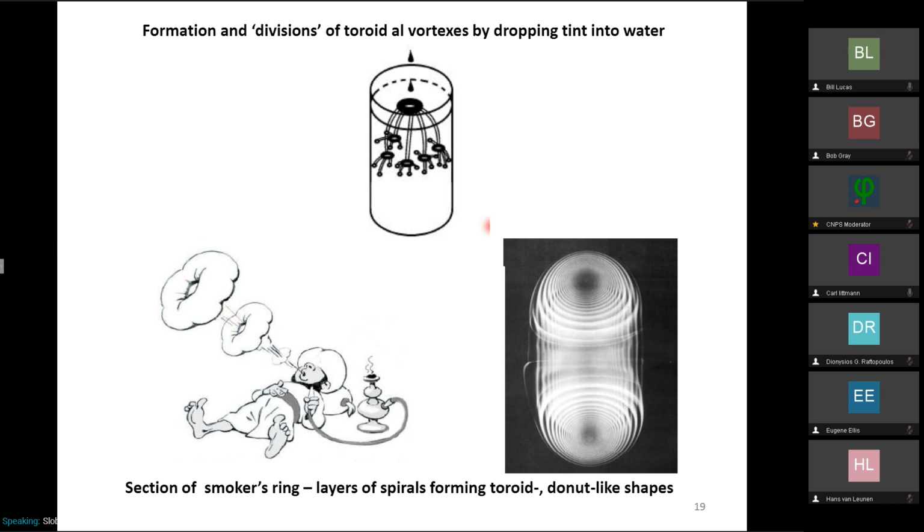This shows the hierarchical organization of such vortexes, for example, when a drop of ink falls into water, it tends to branch into similar structures, then lower level vortexes branch into smaller ones, and so on.